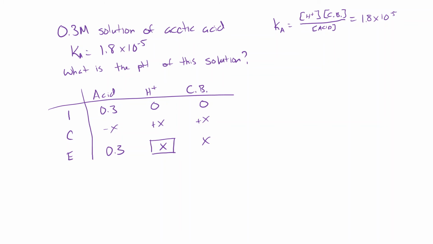We're just ignoring the x value because the x value will be very small because acetic acid is not a very strong acid. Okay, so once we've done that, now we have equilibrium values. We can plug those in. Our Ka equals concentration of H plus is x times the concentration of conjugate base is x, all divided by 0.3. And that equals 1.8 times 10 to the negative fifth.